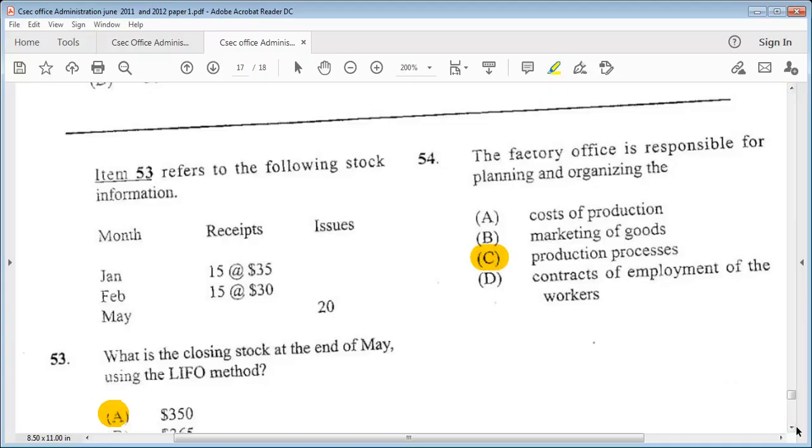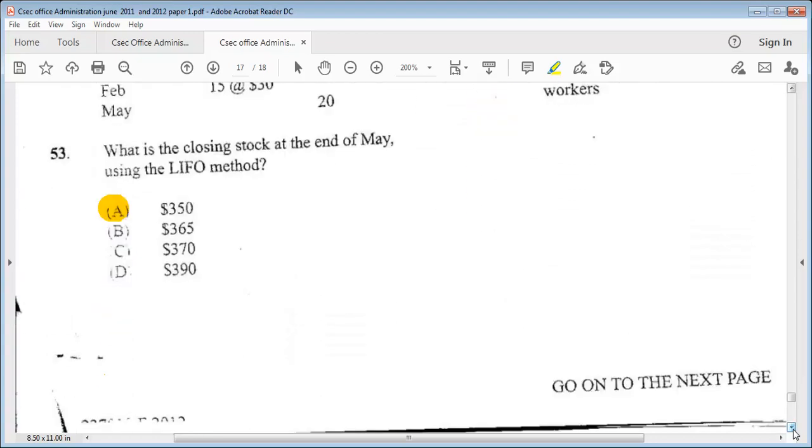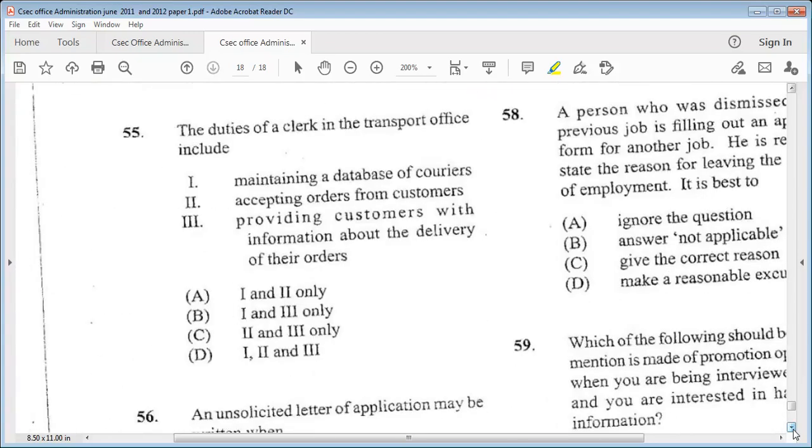Go on to question number 55. It says, the duties of a clerk in the transport office include 1. Maintaining a database of couriers, 2. Accepting orders from customers, or 3. Providing customers with information about the delivery of their orders.